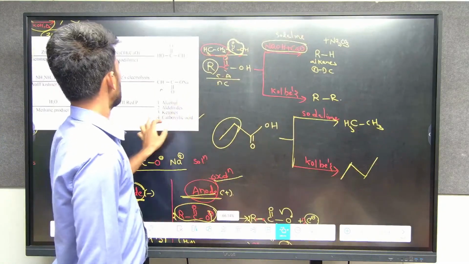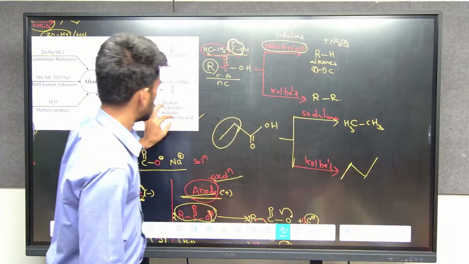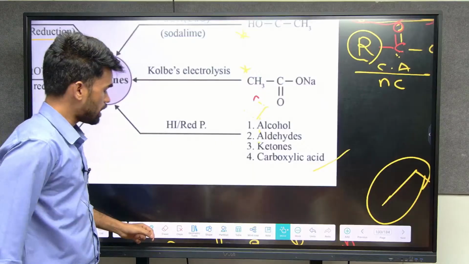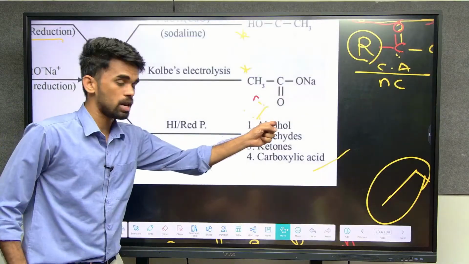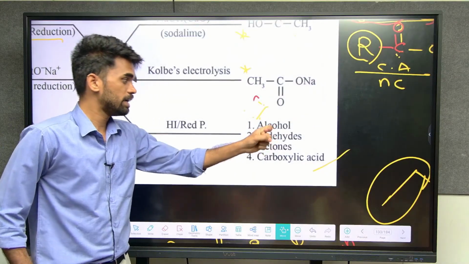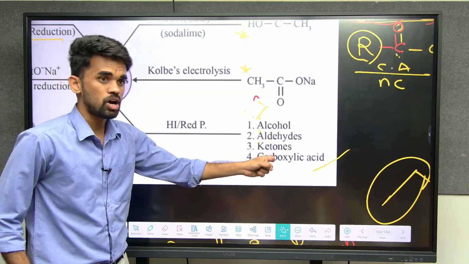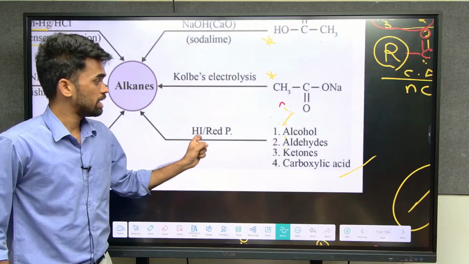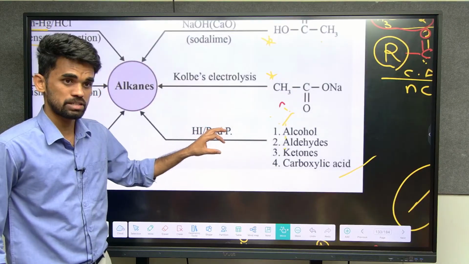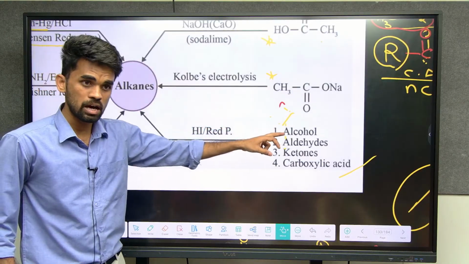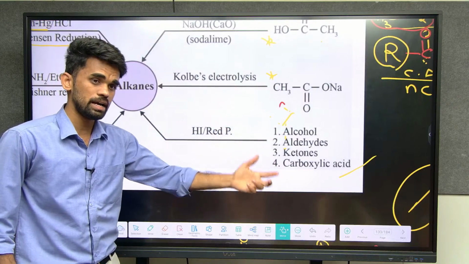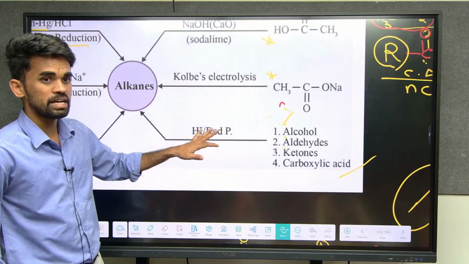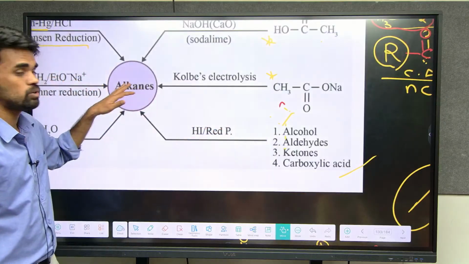Okay. Next one. ఇది కూడా గుర్తుపెట్టుకోండి. You can have anything like alcohol, aldehyde, ketones, carboxylic acid. If I treat that with HI, red phosphorus, or simply phosphorus also they may mention. What I am saying, alcohols, aldehydes, ketones, carboxylic acids, if you treat these with HI and red phosphorus, you get the respective alkane as a product.